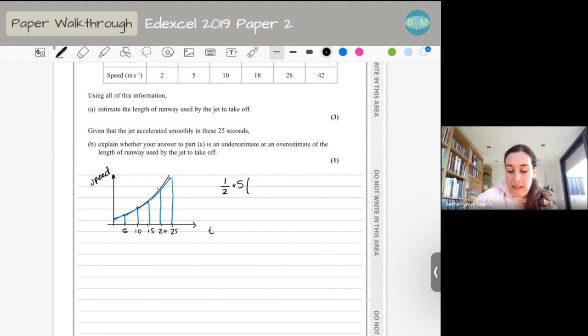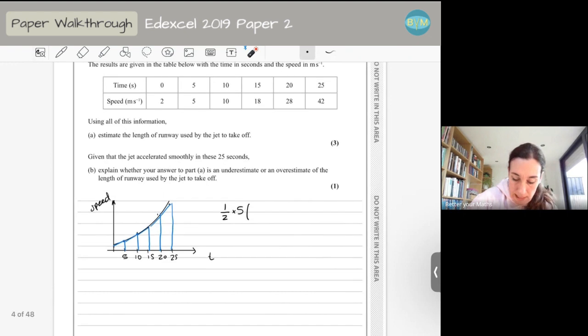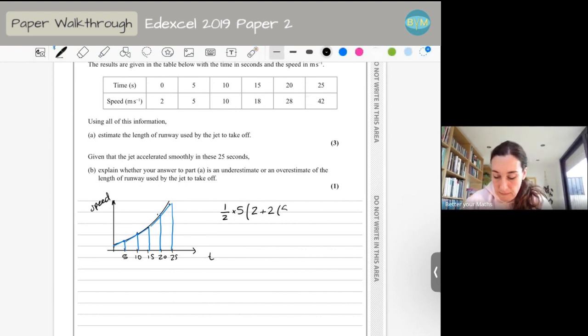And then you open a bracket, and you have the first y just alone. So the first y is 2. And then you multiply 2 by all of the other y's, except the last one. So 2 times (5, plus 10, plus 18, plus 28). And out of the bracket, you have the last y. Yeah, this is the trapezium rule.